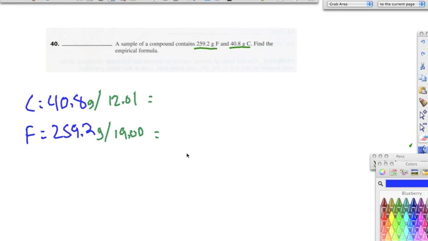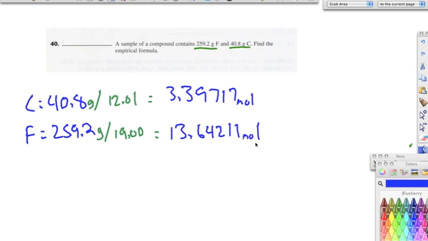And for this, for fluorine, we get 13.64211. And for carbon, we get 3.39717. Now this is moles, and we take these moles and we divide by the smallest mole value, which is going to be carbon, and obviously we divide by itself, and we get 1.